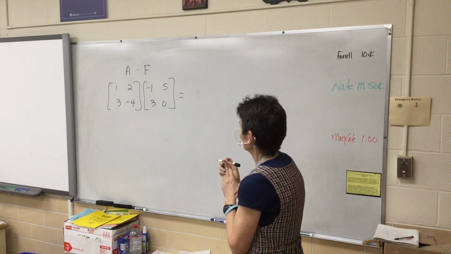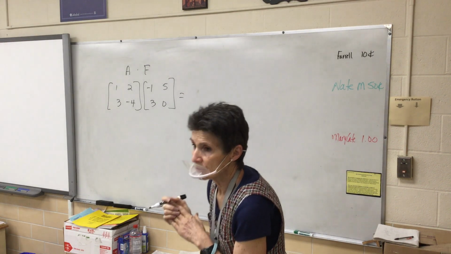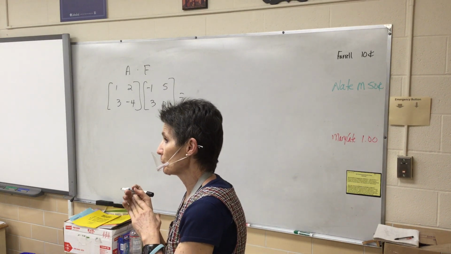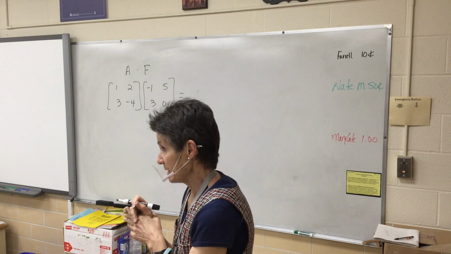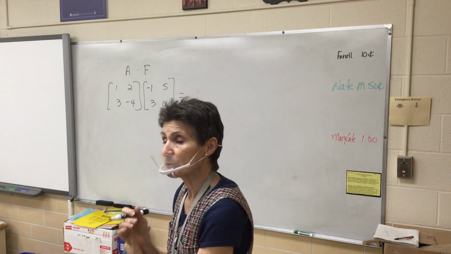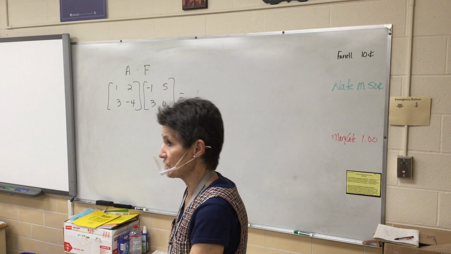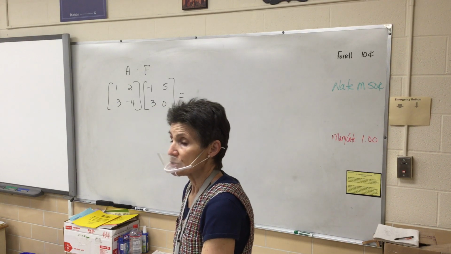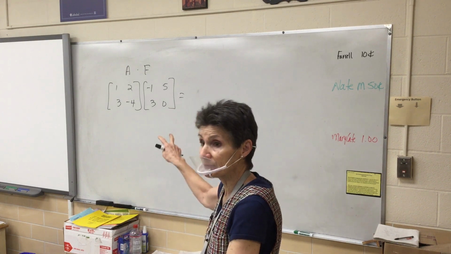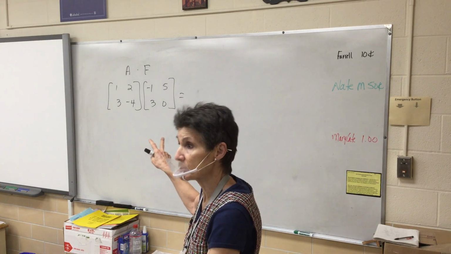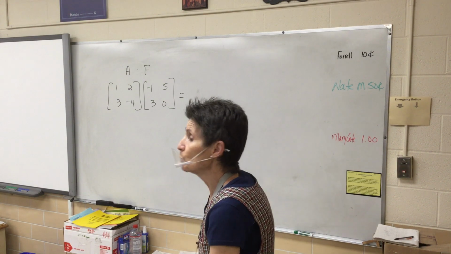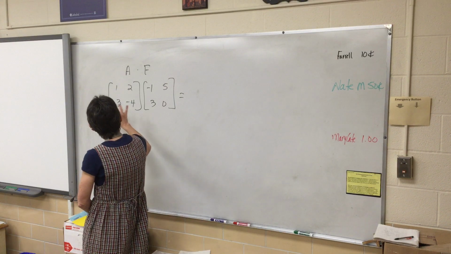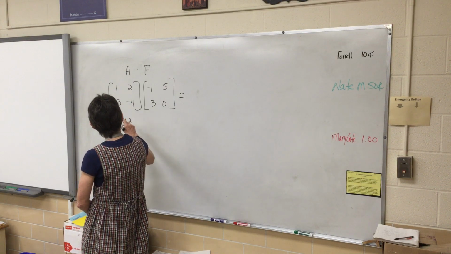Now, we have to talk about the rules for multiplication because they are different than the rules for addition and subtraction. Remember that in order to do addition and subtraction, the matrices have to be the same size. So these two could definitely be added, right? They're the same size. The rule for multiplication is this. Write down the dimensions of your two matrices.